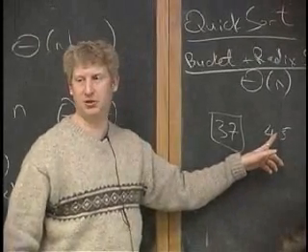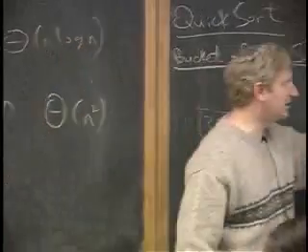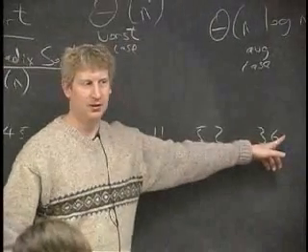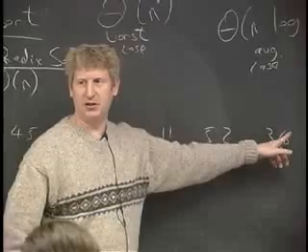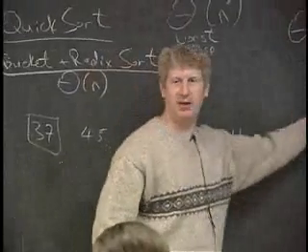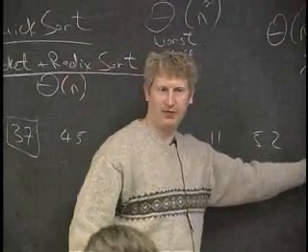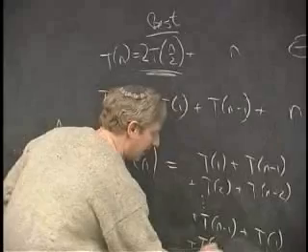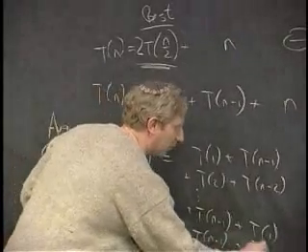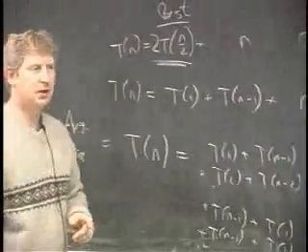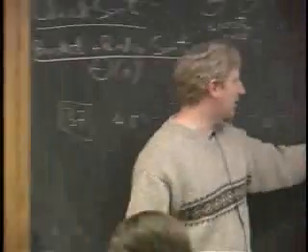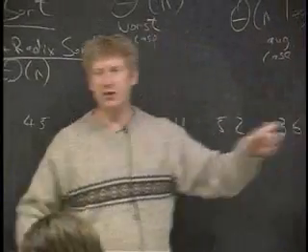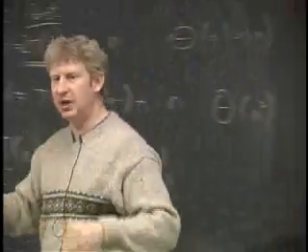Not the second spot, that's 2 and n minus 2. What if it ends up being in the second to last spot? So that's twice. If it's the second to last spot and we include it at the end of the left side, that's also the same as n minus 1 and 1. So if our 37 ends up here or here, we still get the same two cases at the end.